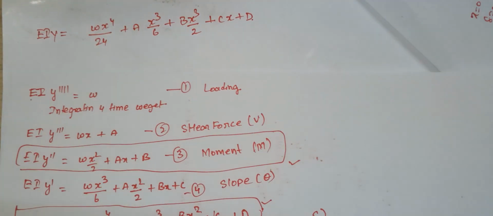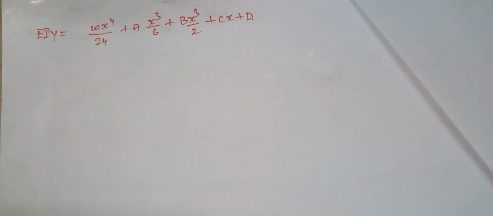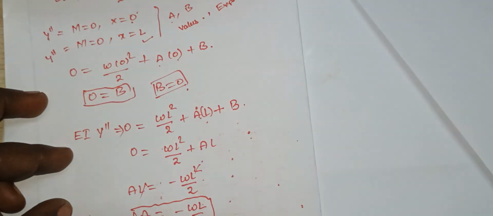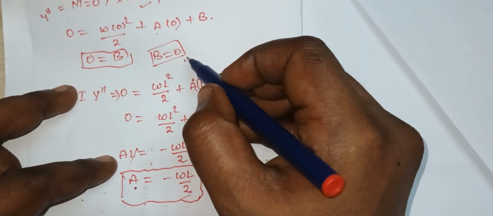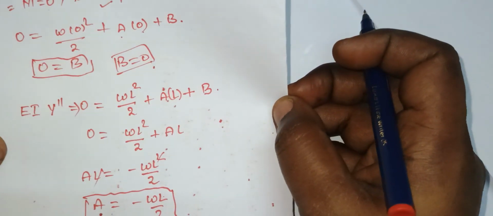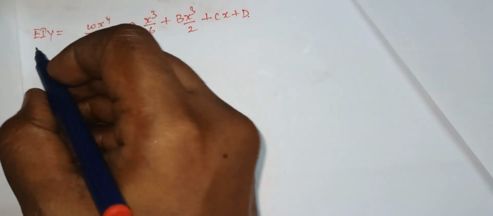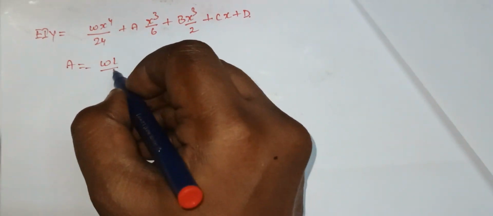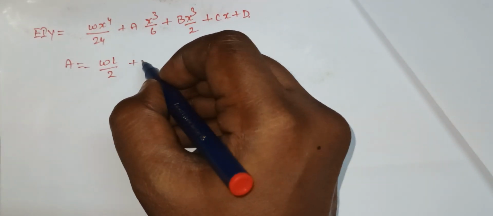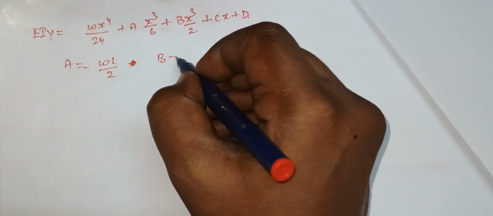As we have seen in the previous case, we have found the value of a over here, and the value of b is 0. So substituting these values, the value of a is equal to minus w into L by 2, and b is equal to 0.